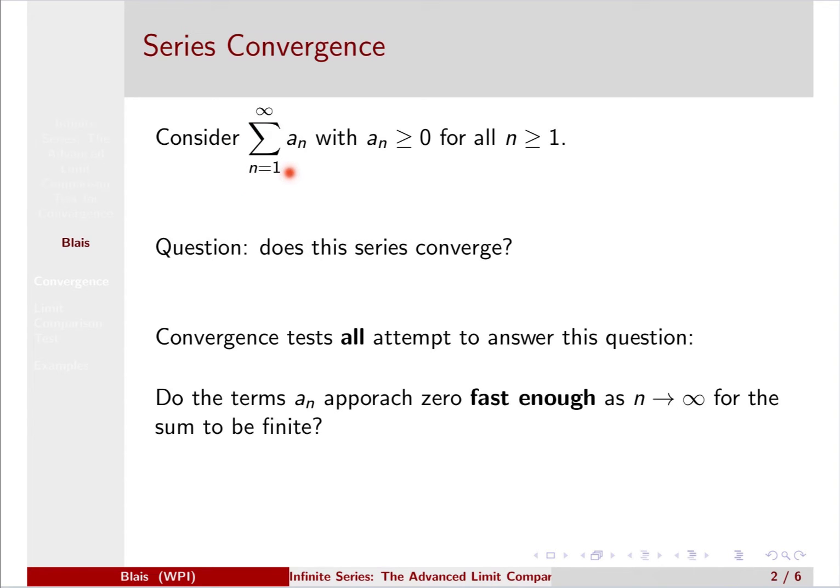Is this sum finite? And every convergence test attempts to answer the following question. Do these terms, the a sub n, approach 0 fast enough as n goes to infinity for the sum to be finite? And we will see clearly that this version of the limit comparison test directly addresses that.